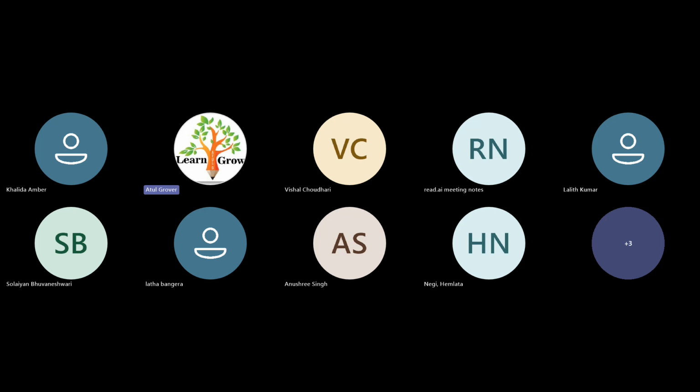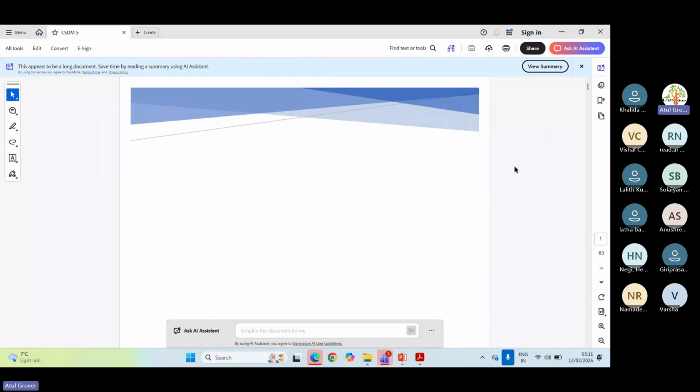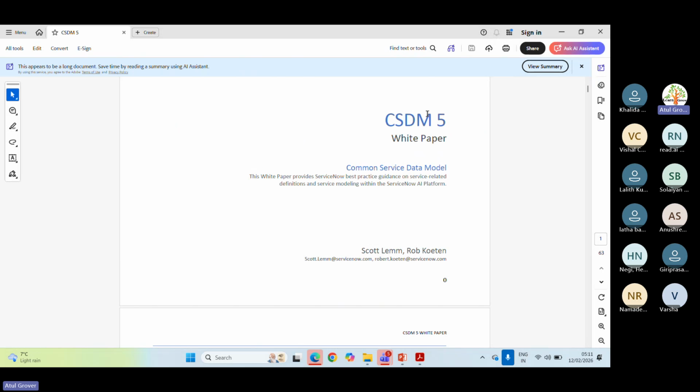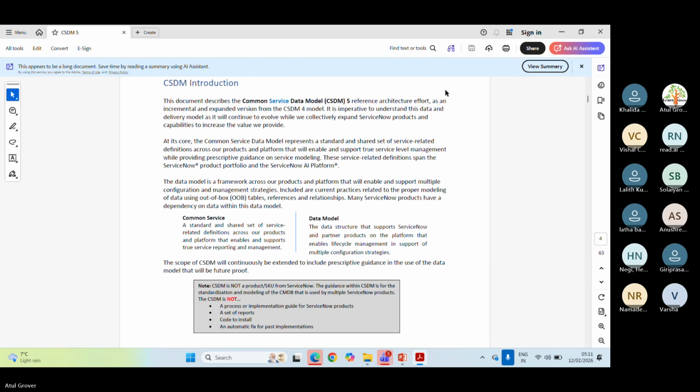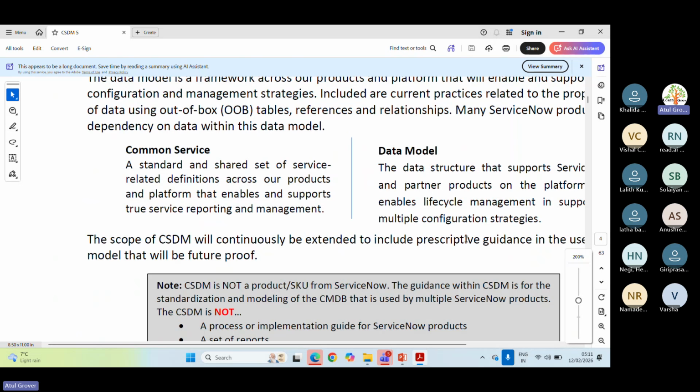Let me share my screen now. This is what we are referring to, the CSDM 5 white paper, and you can easily download this paper.